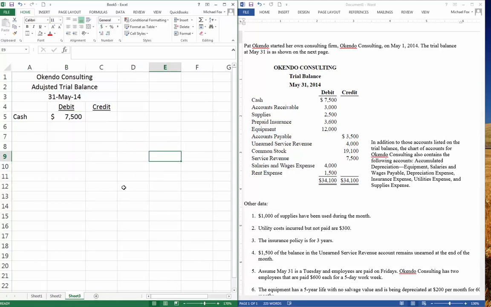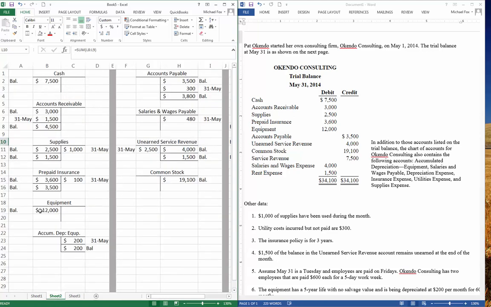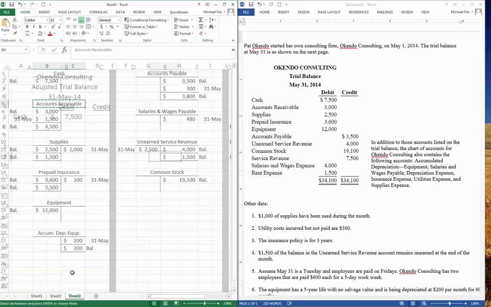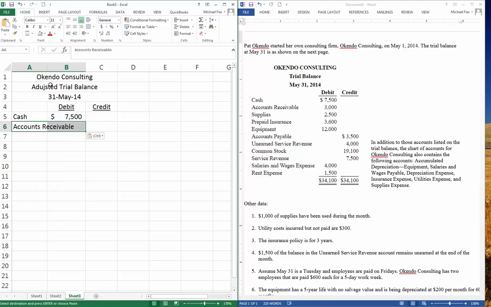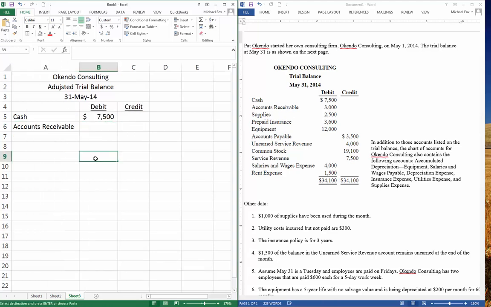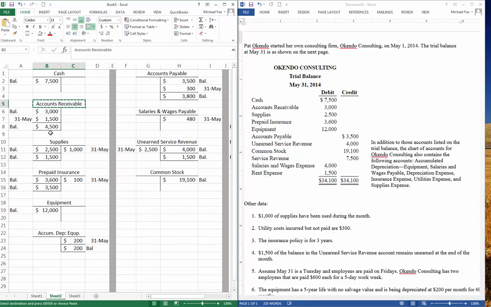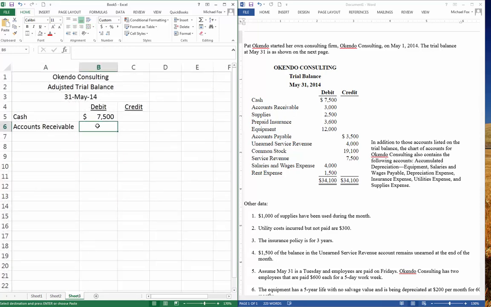And now we just transfer each of those balances over. We can do it by hand or we can copy and paste them. So I can say accounts receivable. I just want to paste the value, not the formatting. And then I can go back and get the balance of 4,500. Don't know that it's much faster.